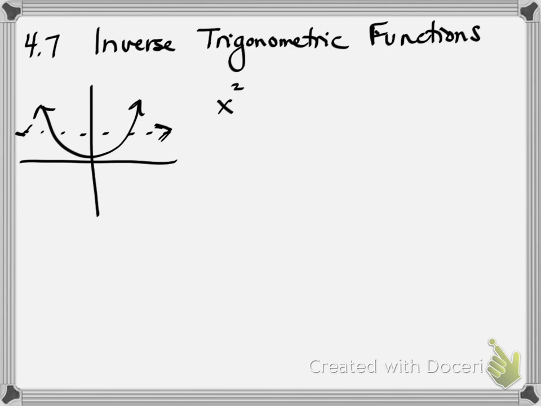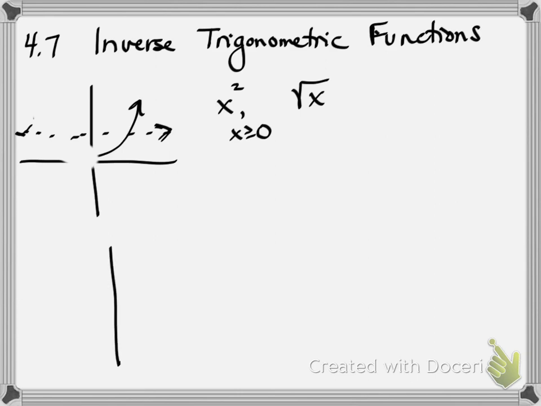I meant x squared. We know that x squared can have an inverse of the square root of x, but we have to restrict the domain of x squared, for x greater than or equal to 0. So we can restrict the domain for x squared and just look at this portion of the graph, and then it passes the horizontal line test, and we can find its inverse.